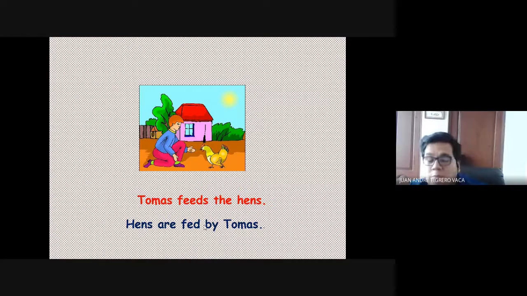So remember this verb, please. Remember this verb because I believe one of the sentences in Friday's exercise has this verb. Please. The past participle of feed is fed, F-E-D, okay? And here we use are because we're talking about hens, many hens, gallinas, muchas gallinas, okay?